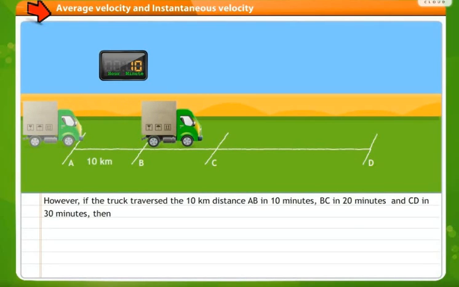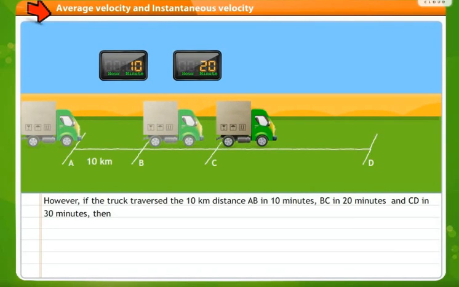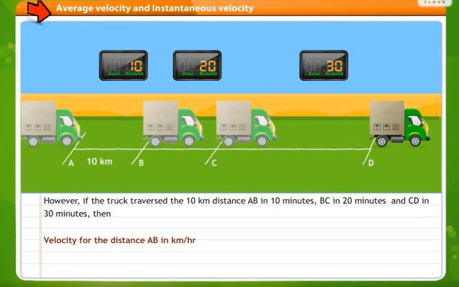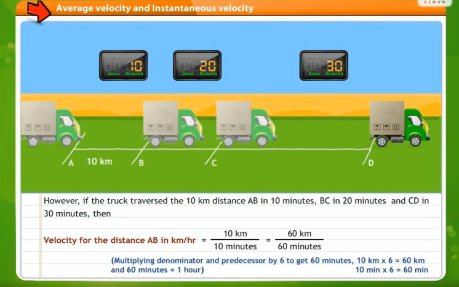However, if the truck traversed the 10 km distance AB in 10 minutes, BC in 20 minutes and CD in 30 minutes, then the velocity for AB in kilometer per hour is 10 kilometer upon 10 minutes. Now 10 minutes is the denominator.